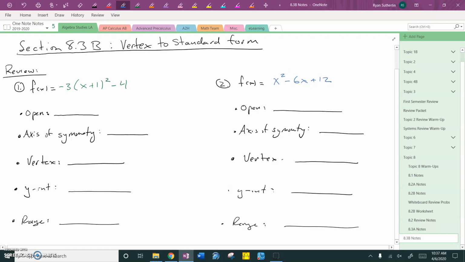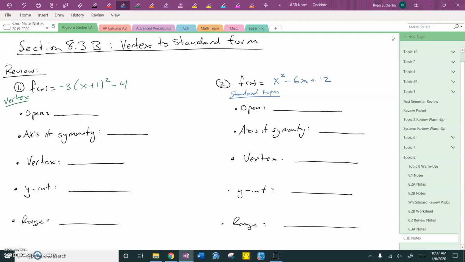All right, so the first one is called vertex form, and the second one is in standard form. So what I'd like you to do is pause the video and see how much of this information you can do on your own, then unpause the video and let's take a look and see how to do each of these.